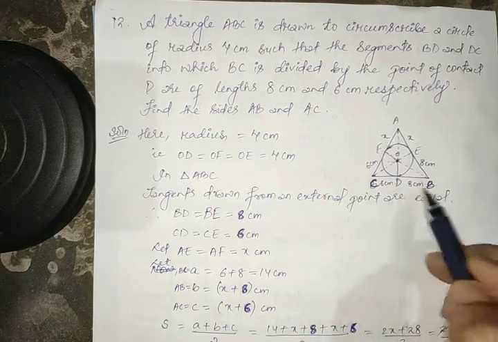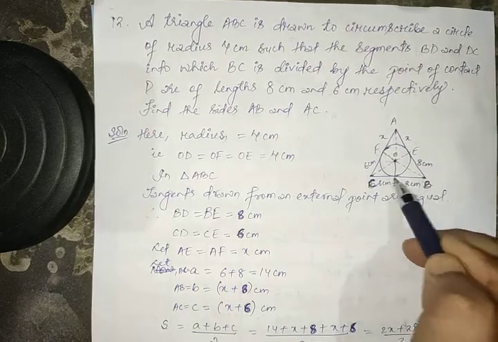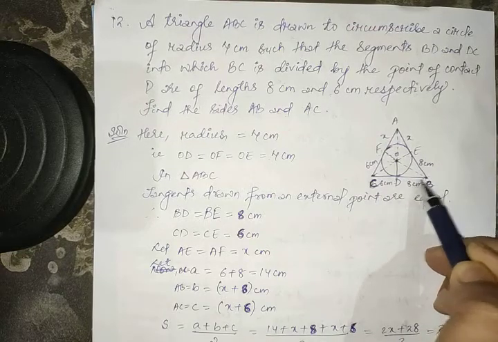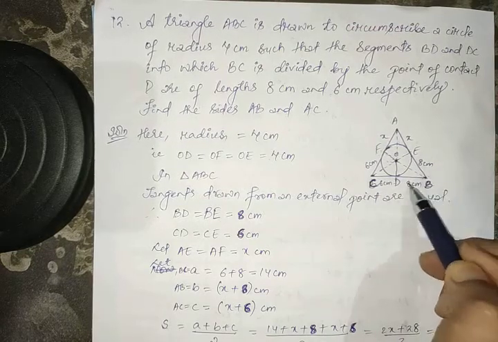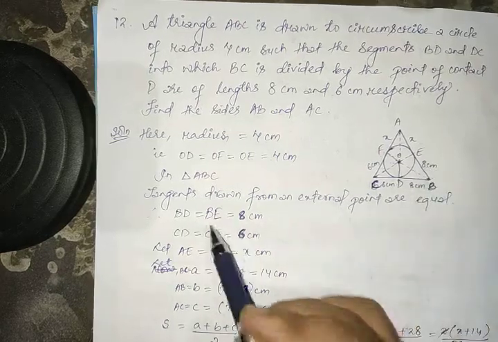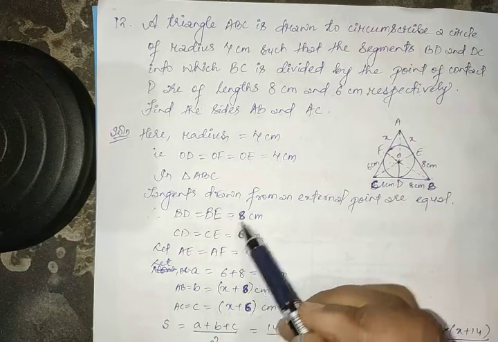So B is an external point and BD and BE are tangents, so they will be equal. BD is equal to BE and BD is given 8 cm, that means BE is also 8 cm. So I have written BD equal to BE, that is equal to 8 cm.